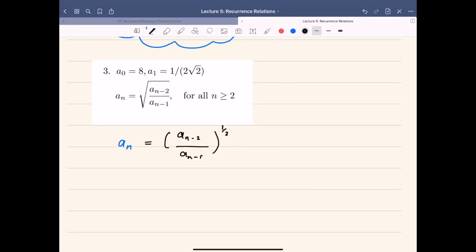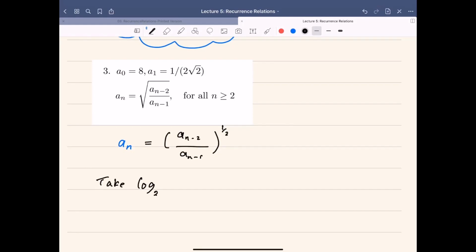Since we have power and then we have divisions, maybe what comes to mind is, what if we apply log on both sides? If we apply log on both sides, this power will be multiplied by the log and the division will be transformed into subtraction. So take log, and here I'm going to use log 2.